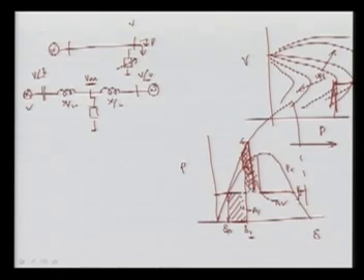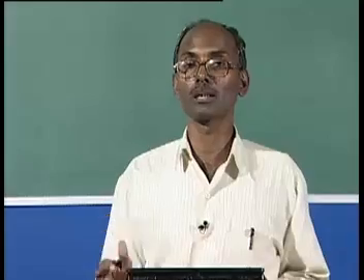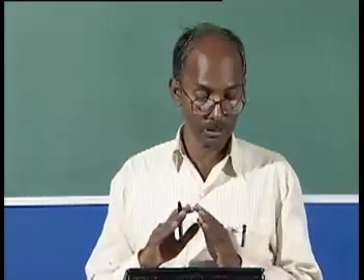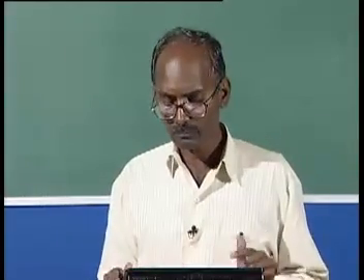You can see we have the margin up to this point, and it is a huge margin. Earlier we had this margin, now we have a huge margin. So it shows that your transient stability limit is improved, meaning you have a larger margin.